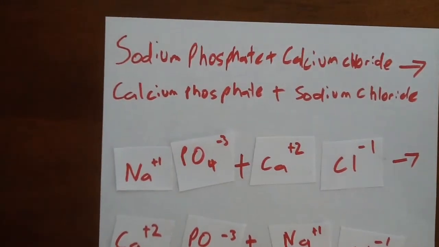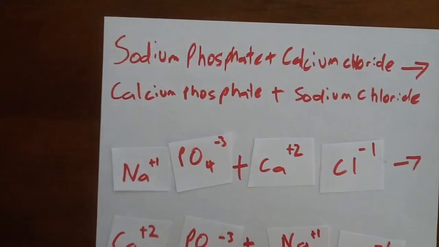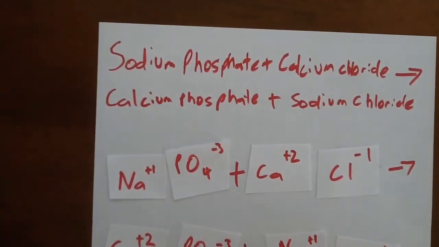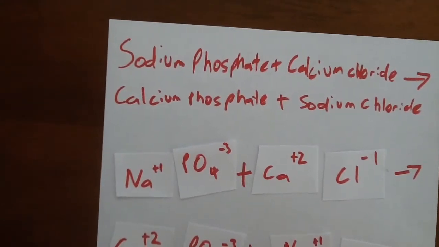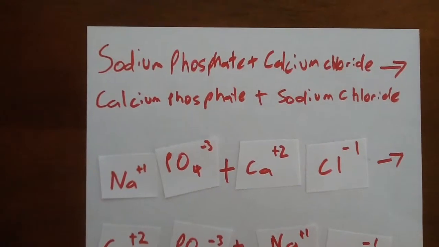In these equations, sodium, which is Na, has a charge of +1, and phosphate has a charge of -3. Calcium has a charge of +2, and chlorine has a charge of -1.